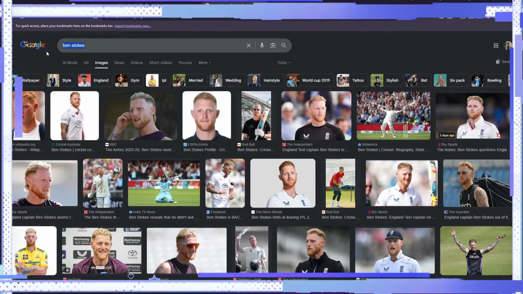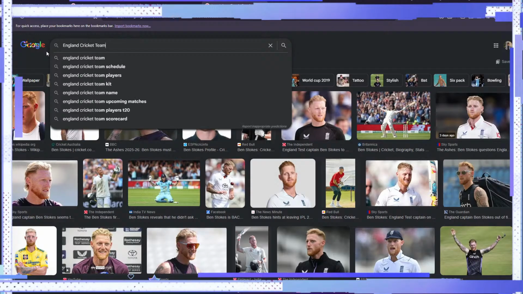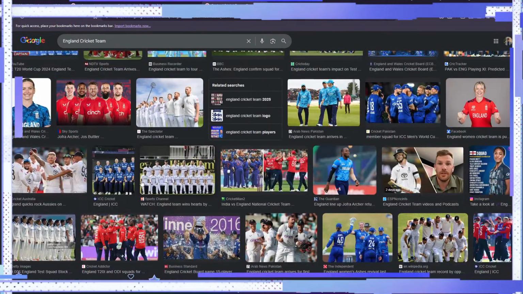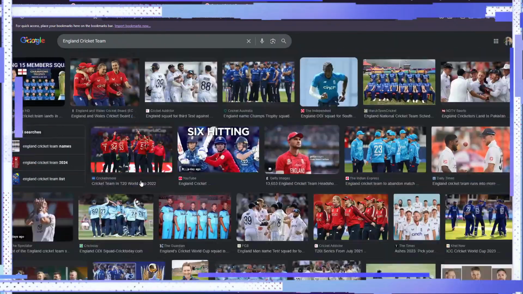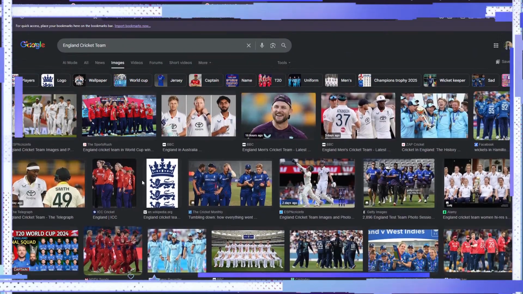So who do we pick? England cricket team. Interesting. Who do we pick? Jofra? No, Jofra's from Barbados. Joe Root's English. Joe Root's the only one that's English, English. But Joe Root's nice.